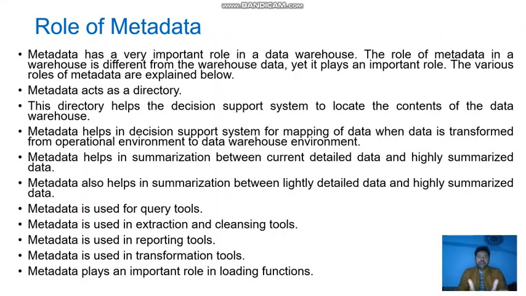It is also used for mapping the data when the data is transformed from the operational environment to the data warehouse environment. It helps in giving the summary between current detailed data and highly summarized data, and also between lightly detailed data and highly summarized data.